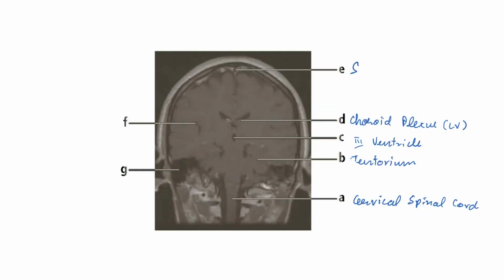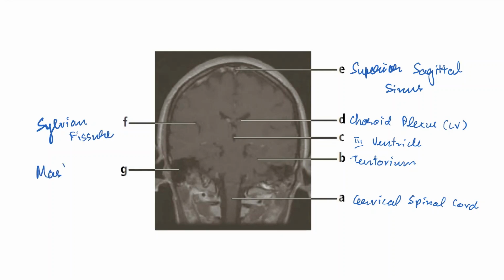E is superior sagittal sinus. F is Sylvian fissure. And G is mastoid hair cells.